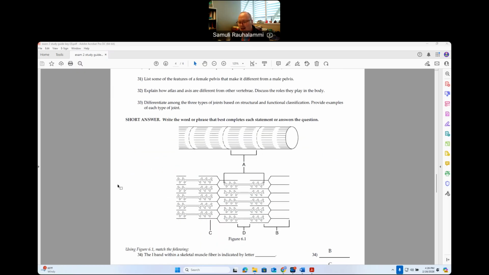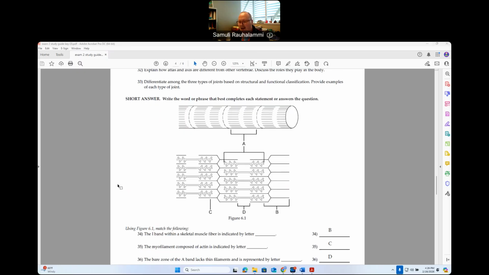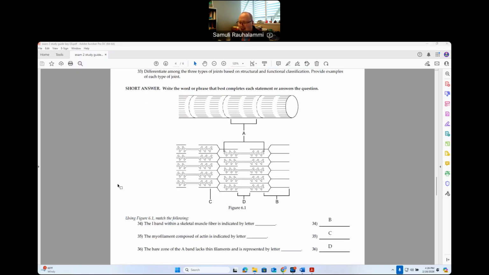And here we see a really nice diagram explaining how those stripes that we could see on skeletal and cardiac muscle tissue on a microscopic level were caused. Remember how actin and myosin filaments slide past each other as muscle shortens and extends.